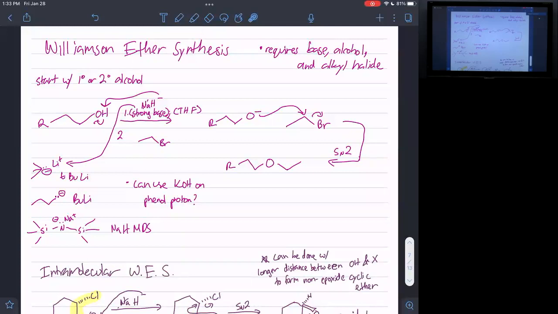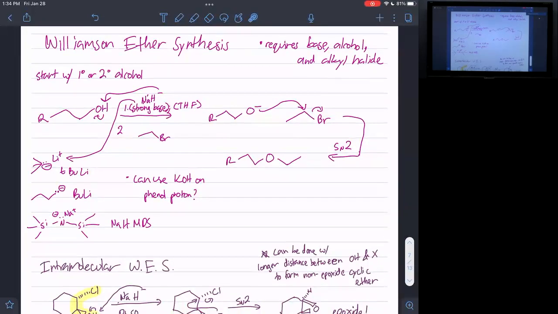So in a Williamson ether synthesis, you start with an alcohol, an alkyl halide, and a super strong base. You add those together and then you get an ether. But what actually happens is you start with the alcohol and you have to turn it into a good nucleophile. You do that by deprotonating it. Usually we just use NaOH, but Roche has a vendetta against NaOH, so he has us use these super strong bases.